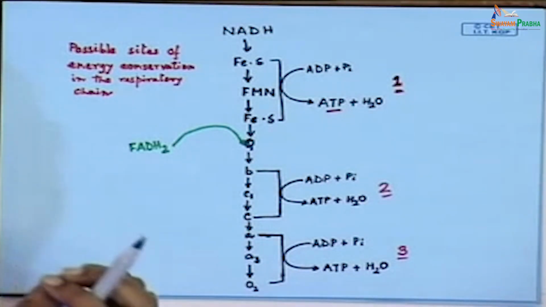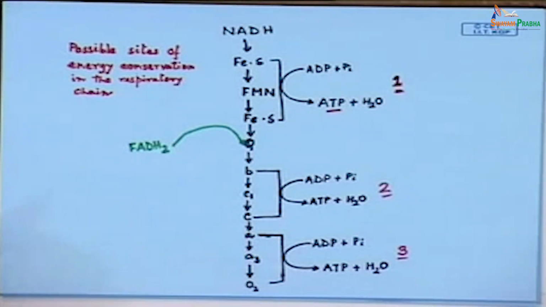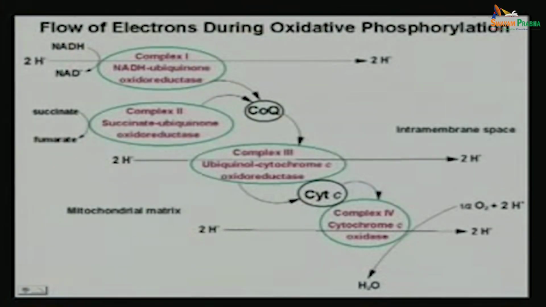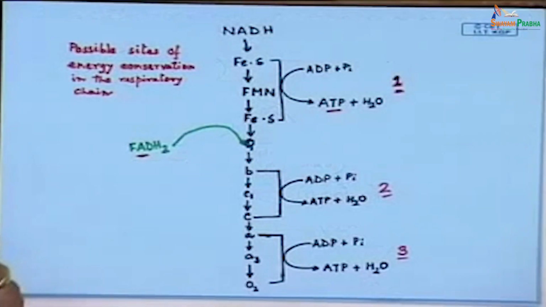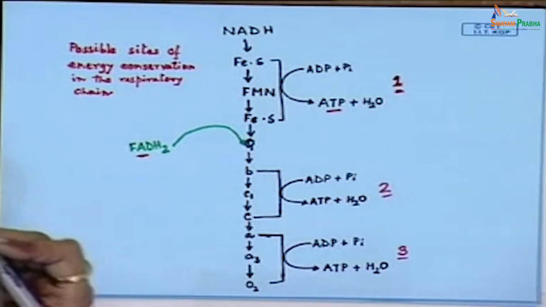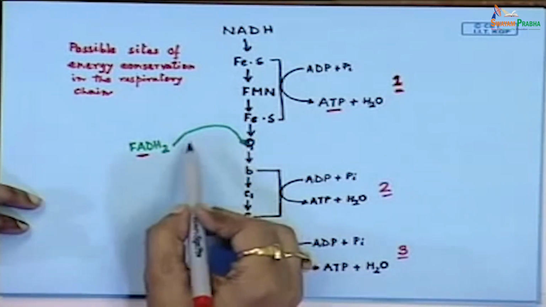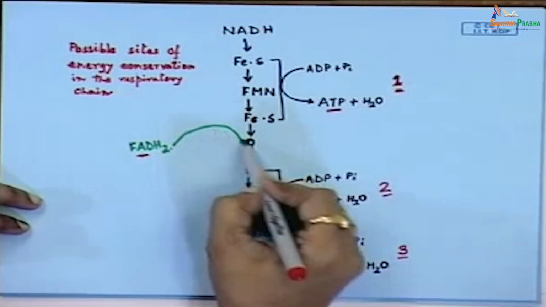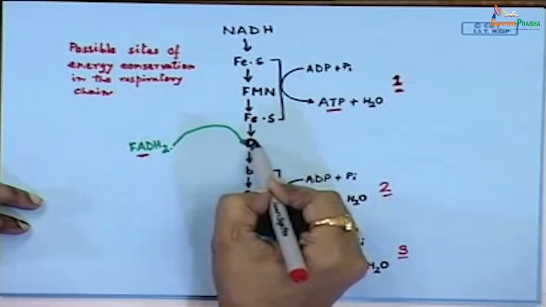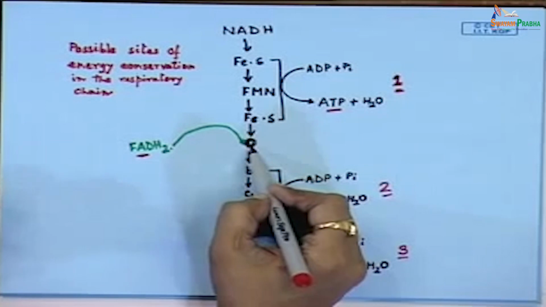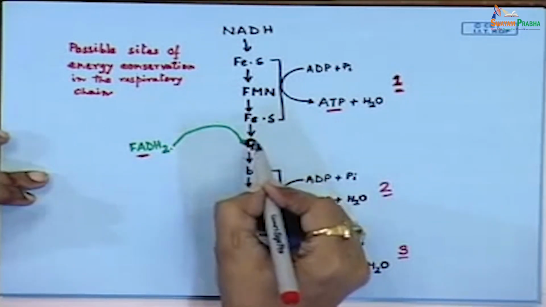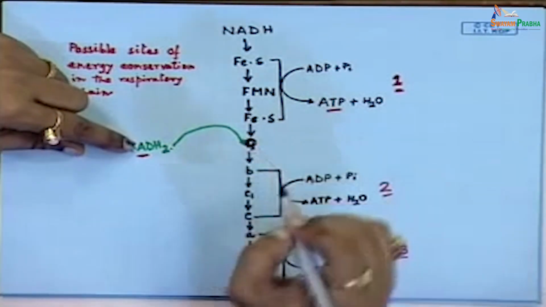Now, when this chain continues, FADH2 from complex 2, we have seen, is also donating its electron, and the ultimate electron acceptor is ubiquinone, this Q accepting the electron.